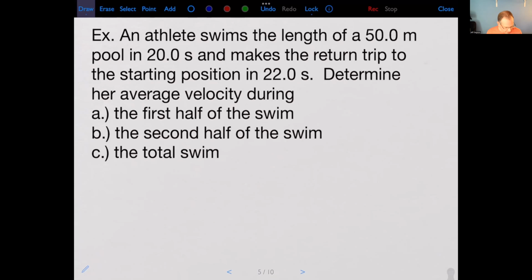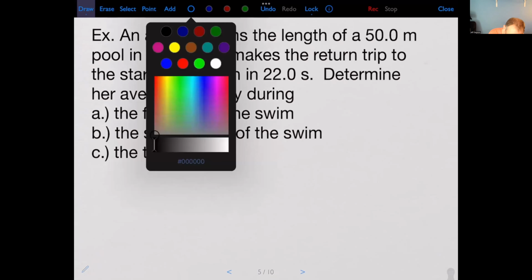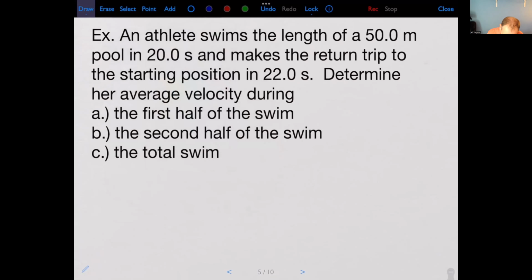So what I would do, again, is draw a picture, right? So here, let's say this is the pool. And she's starting at 0, right? This is like 0 meters. You can think of this as the x direction.